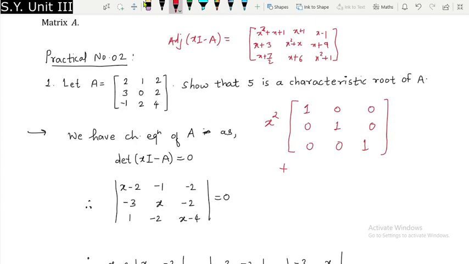Plus x now, the terms of x. So let me write it, 2x over here, and over here 5x, and over here some 9. Now you take x out, and what will be left inside?